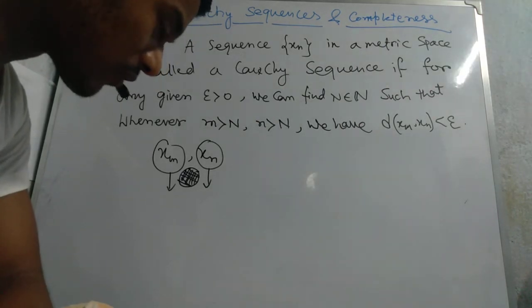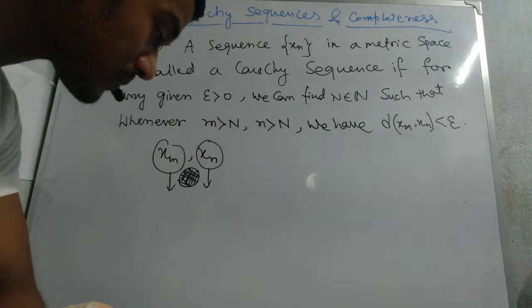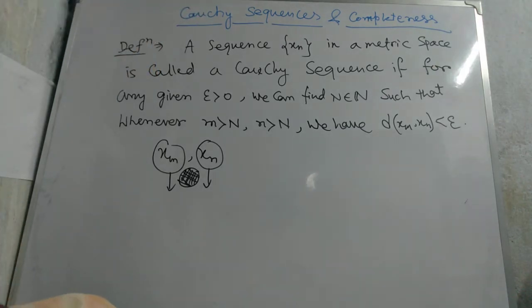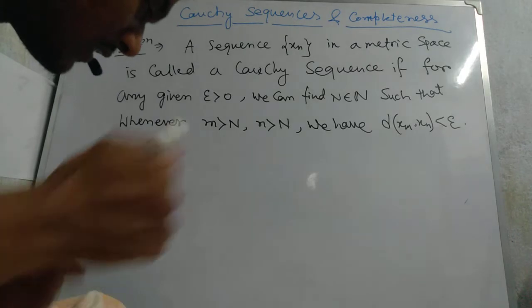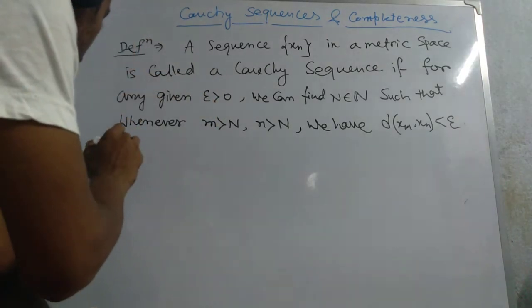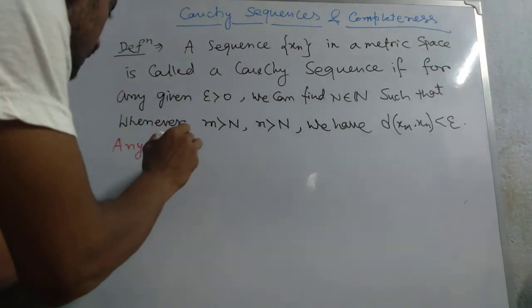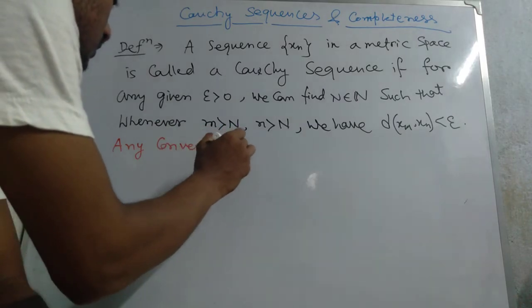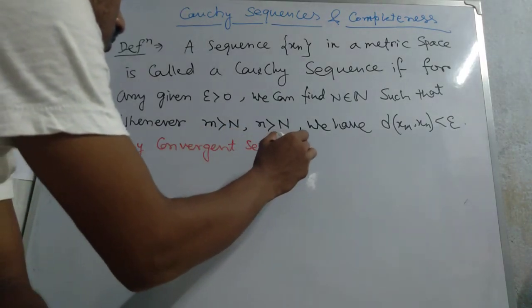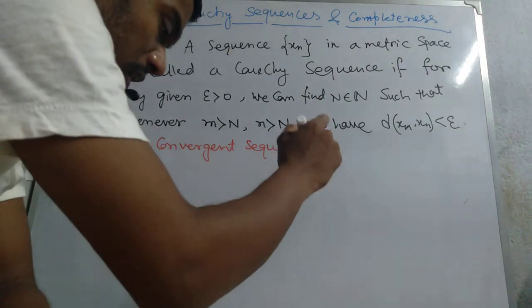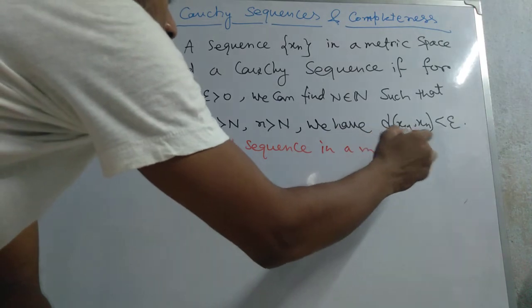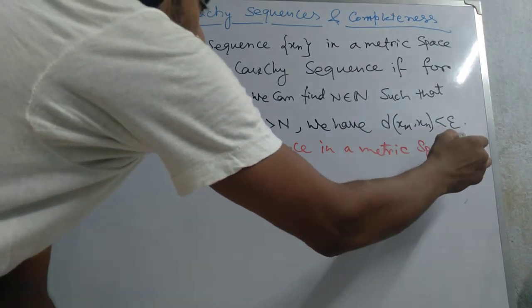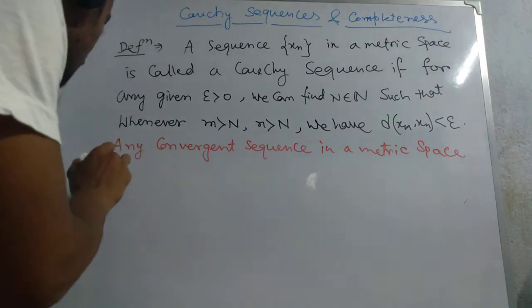Next, any convergent sequence in a metric space is Cauchy. We prove this portion first. Any convergent sequence in a metric space is Cauchy.